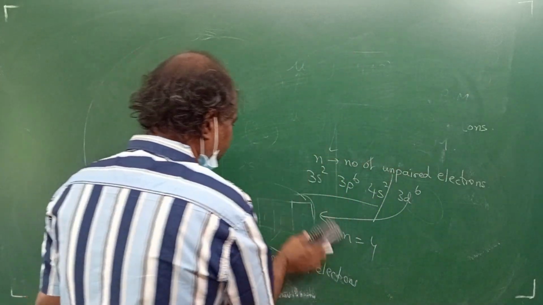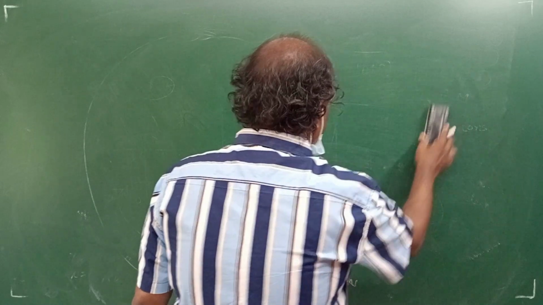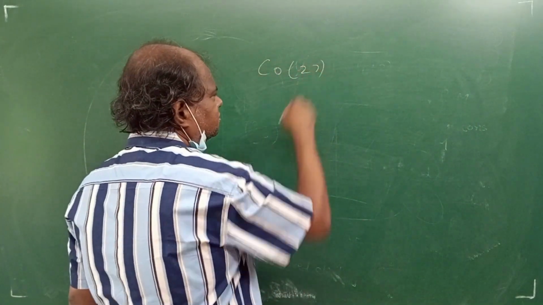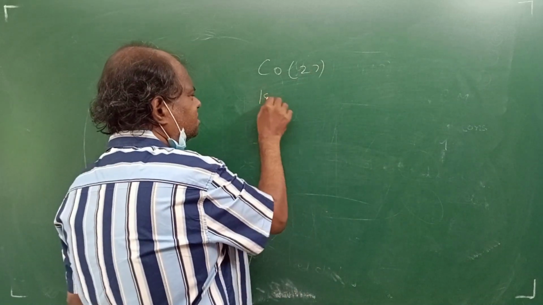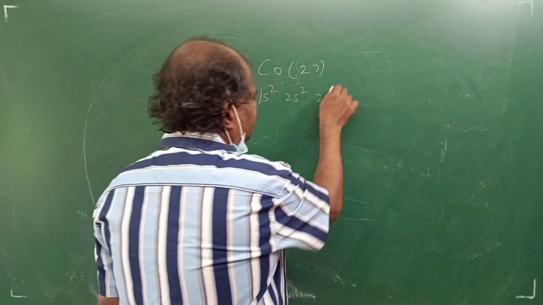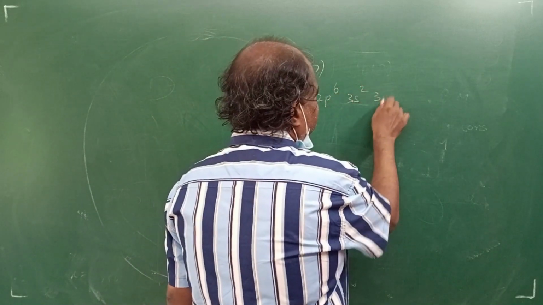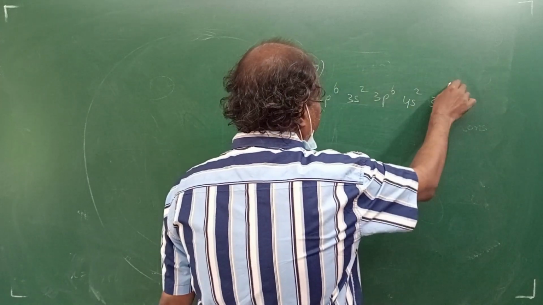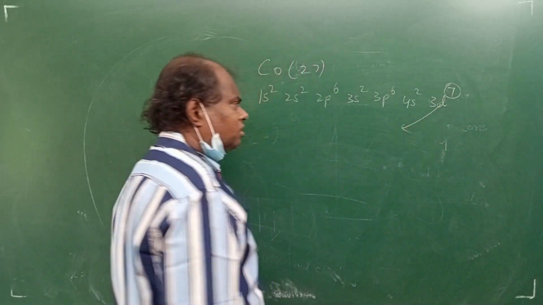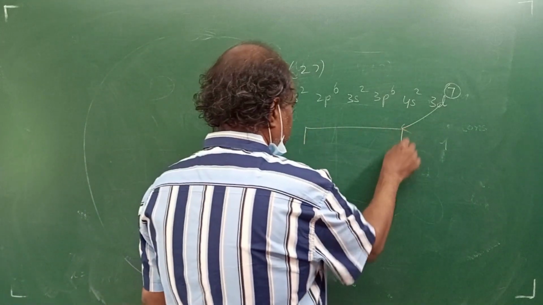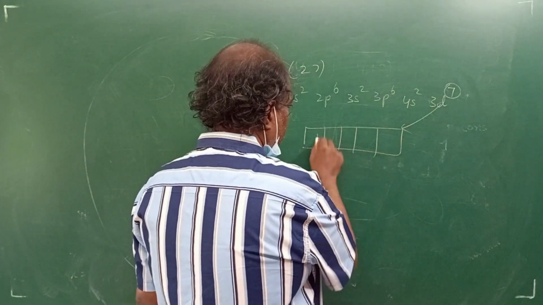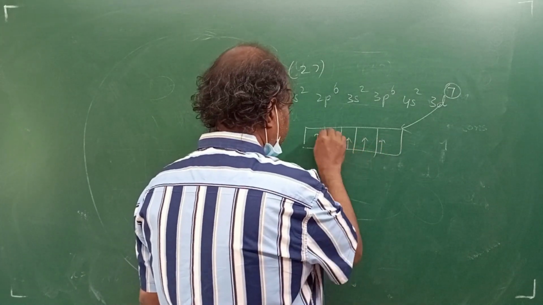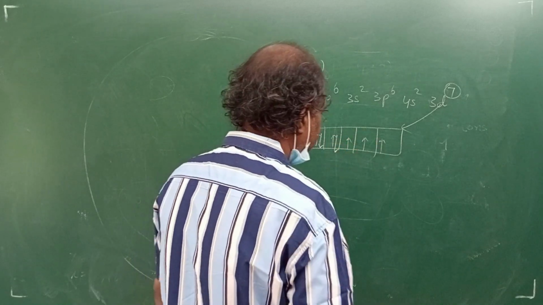Suppose the same question I am asking for cobalt. Cobalt atomic number is 27. Students, this will be the same only. You need not even write this actually. 3s2, 3p6, 4s2. Then you write 3d7. Remember, 27 means 3d7. Draw the box diagram, 1, 2, 3, according to Hund's rule, remember, 5, 6, 7.